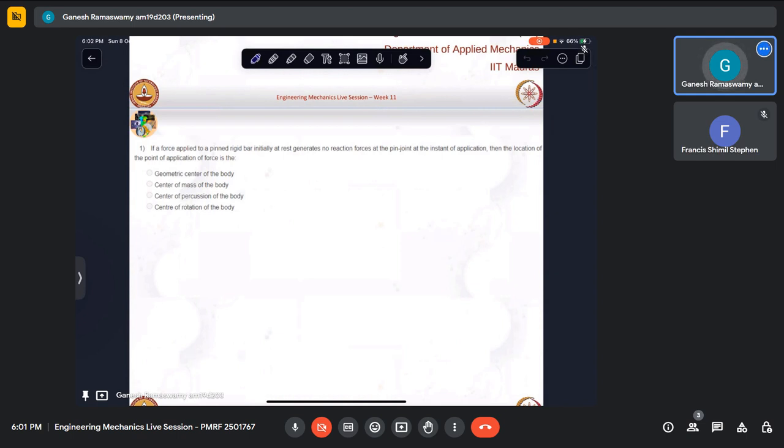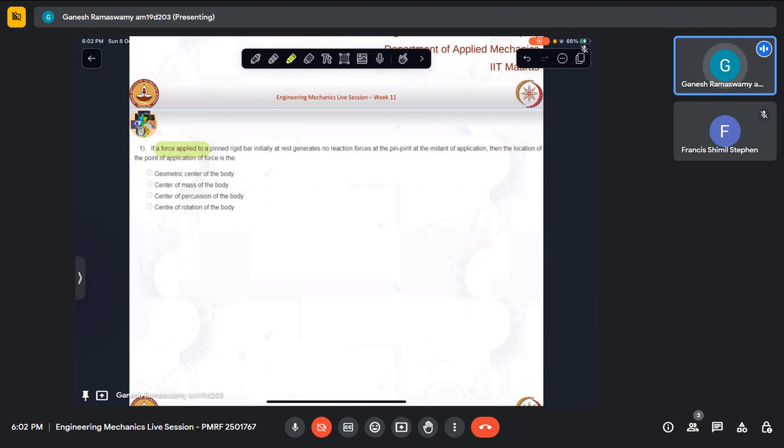It says, if a force is applied to a pinned rigid bar initially at rest, and if this generates no reaction at the pin joint at the instant of that application, then the location of the point of application of the force is which of the following?